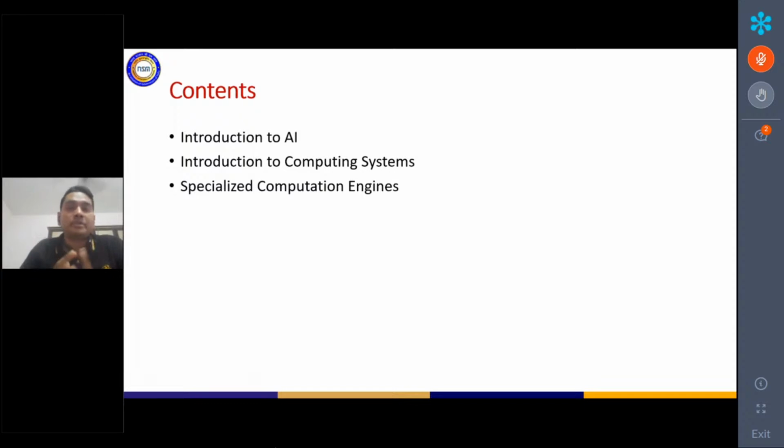From the perspective of running artificial intelligence benchmarks, what are the modern systems available and how they can scale, or how we can use them, and what are the shortfalls, and how we can minimize the gap between the requirements and already available systems. We will talk about those, and of course we will talk about some of the computing engines. We might not be covering all the computing engines that are available nowadays, but we will try to cover some of these and see what is available nowadays.